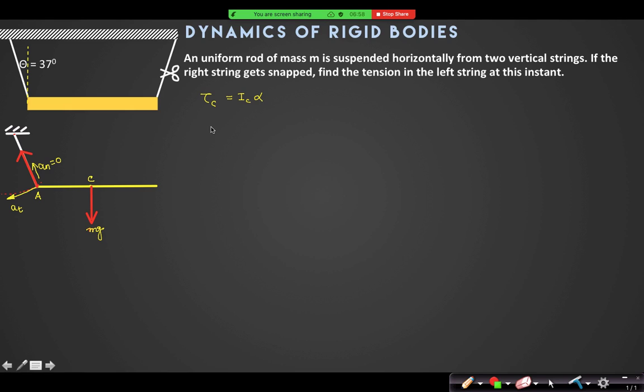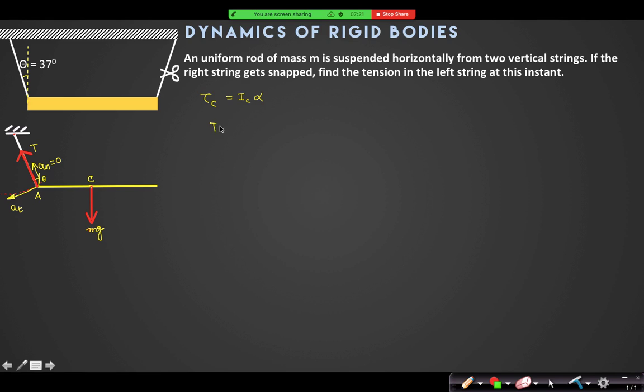So what is the torque about point C? If this angle is theta, let us assume, that angle is given as theta. So what is the torque about point C?